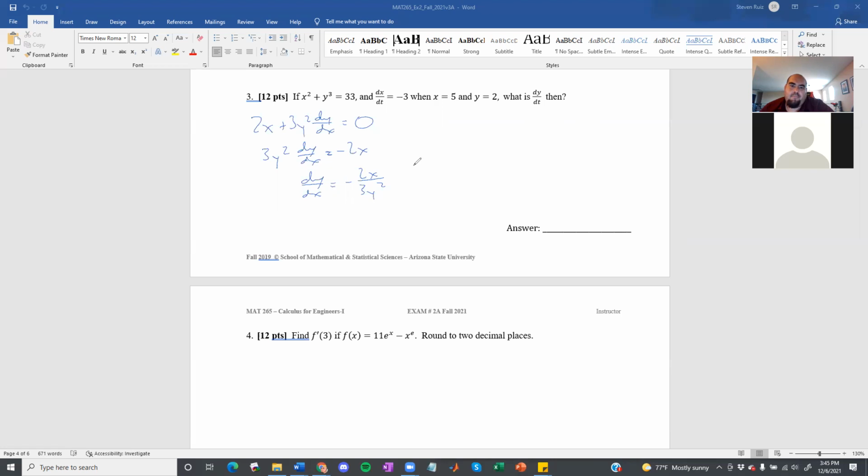Was this asking for a double derivative? Not really. But here's the thing, you're being asked for dy/dt, right? Right. So a couple of different ways that you can handle this. By default, what we usually do is differentiate with respect to x, and the way you did that here was perfect.